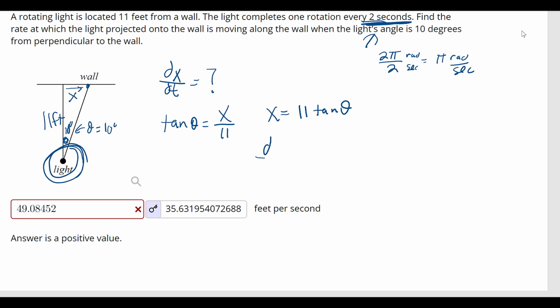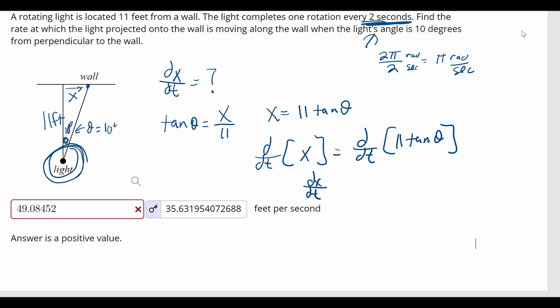So if I take the derivative with respect to time of x equals the derivative with respect to time of 11 times tangent theta, on the left I get my dx dt as I want. On the right I get 11 times secant squared theta times d theta dt.